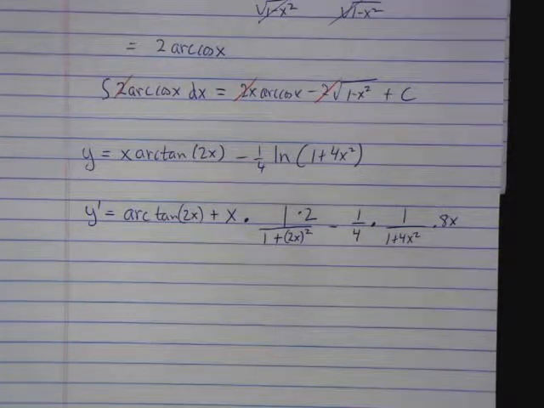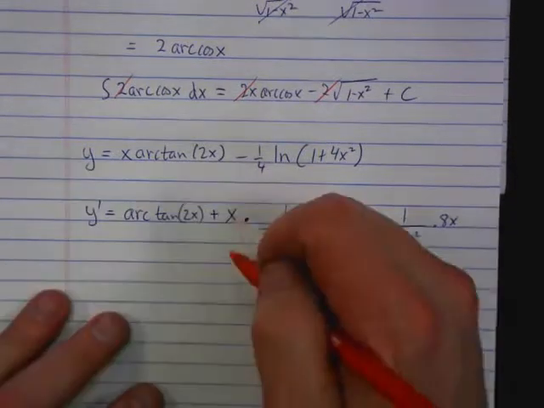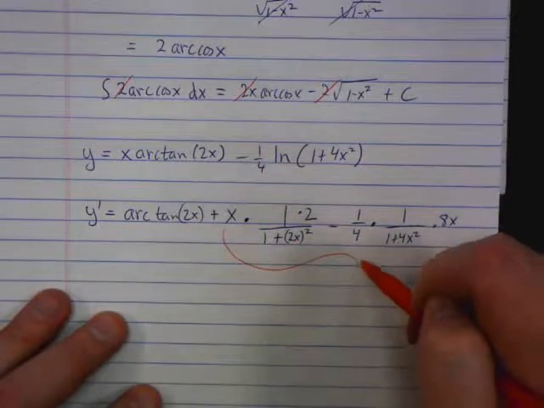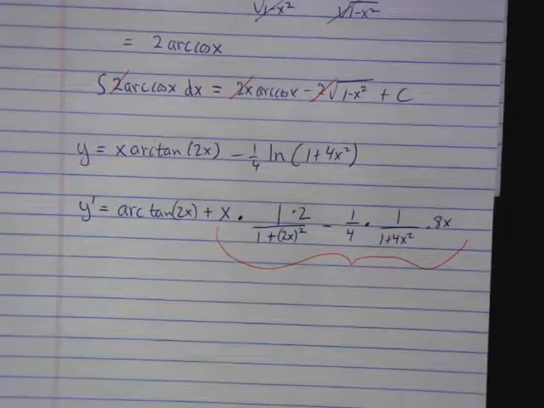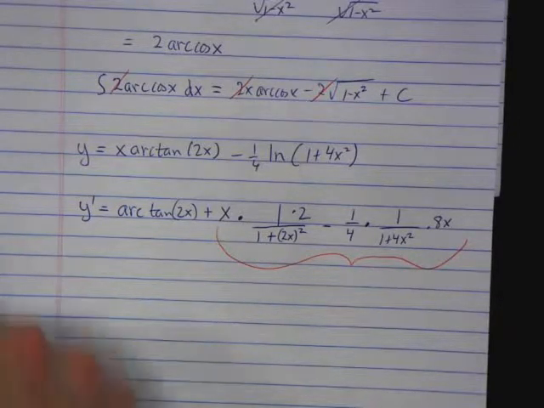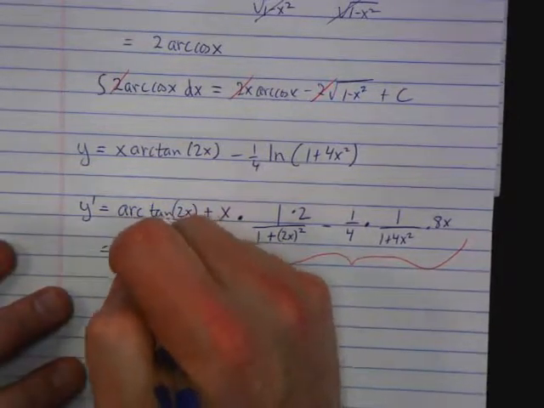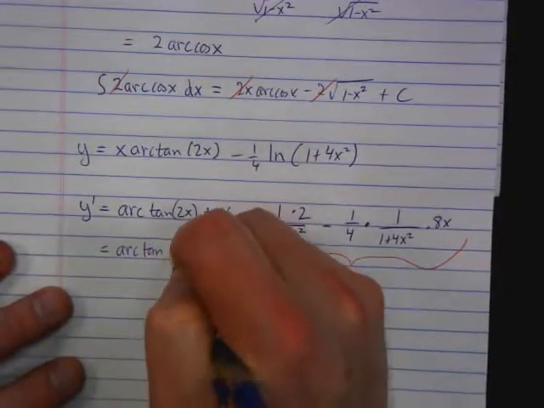All right, so do you see how clever your author is being here? Look at these two pieces. What can you tell me about those two pieces? They add up to 0. So what do we get? Arctan of 2x.